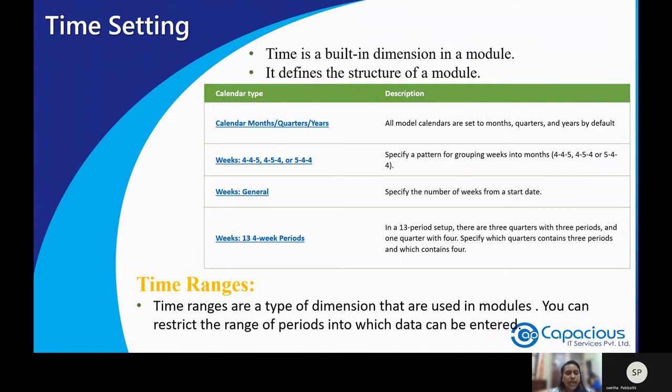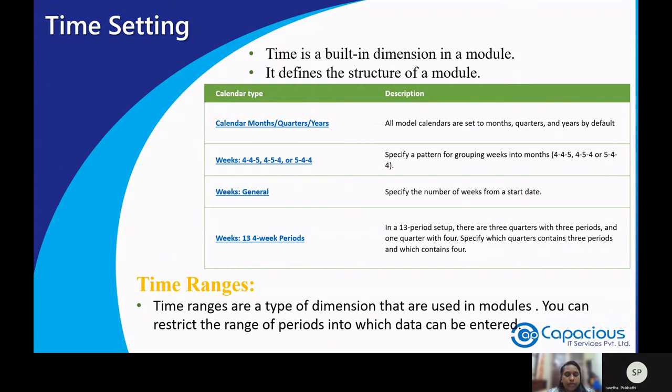Initially we have calendar months and years as the default. Calendar months, quarters, and years are set in lists and modules when we give the time scales. While creating a model, by default it takes calendar month, quarter, or year.